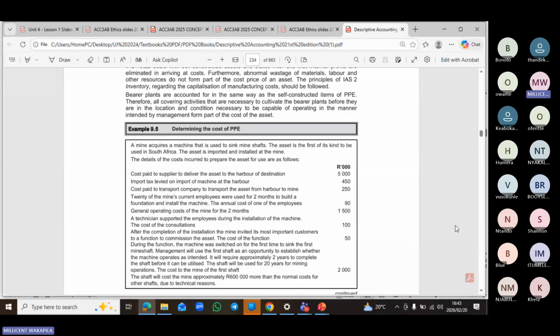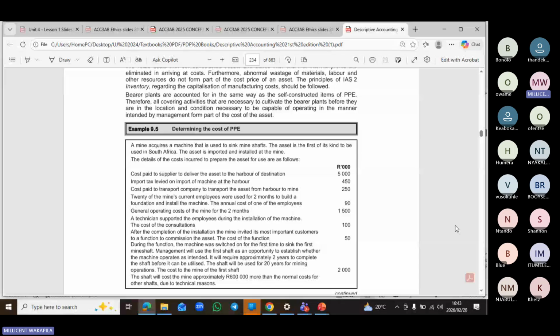And the cost of the consultations is not a direct cost. Then after the completion of the installation, the mine invited the most important customers to a function to commission the asset. So the cost of the function does not bring the cost to the asset. It will not prepare the asset for its intended use.